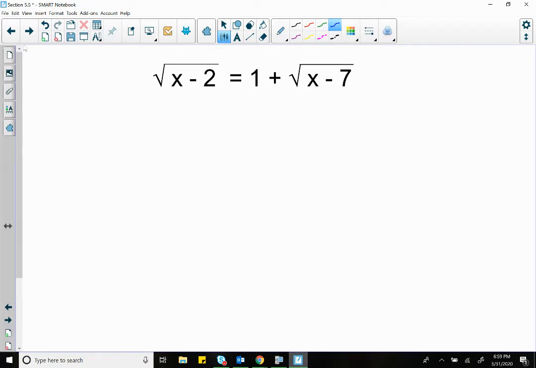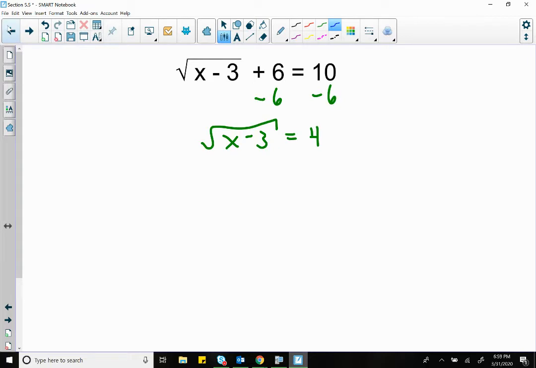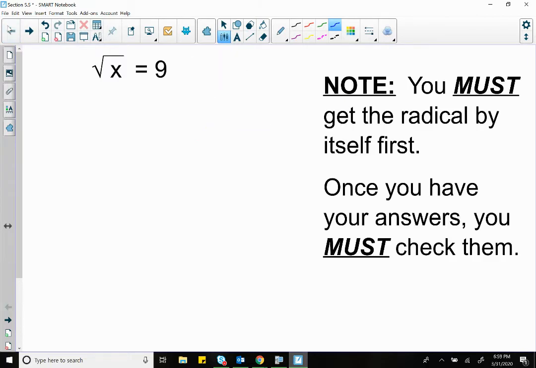Okay? So let's go back and let's talk about all these ones now that we have where the radical is by itself. So once the radical is by itself, all we got to do is get rid of that radical. So how do I get rid of a square root? Well, in order to get rid of a square root, we're going to raise it to a power. What power will get rid of a square root?